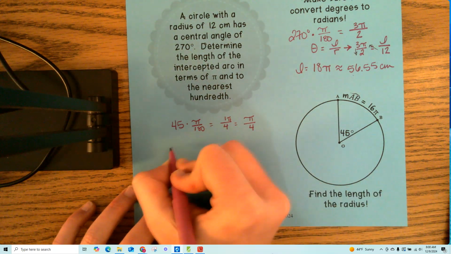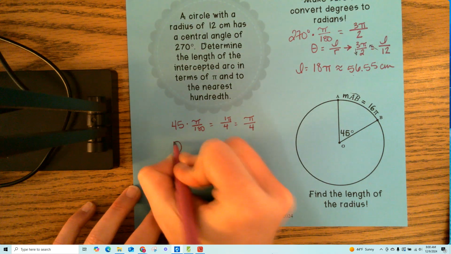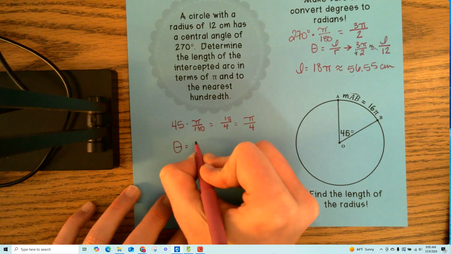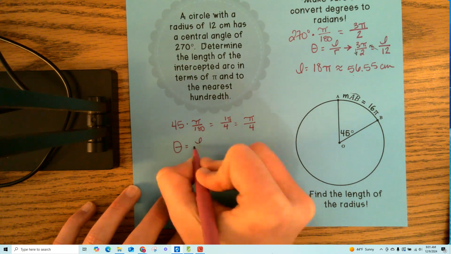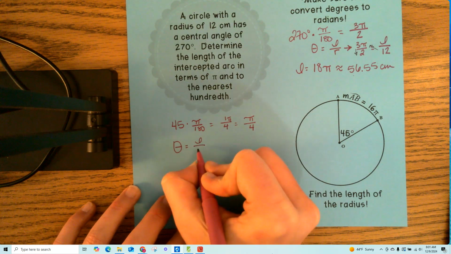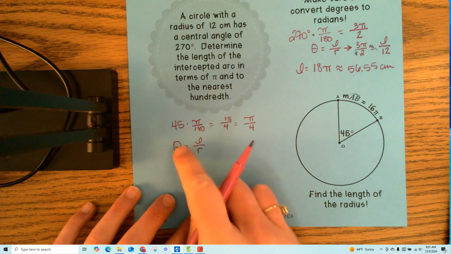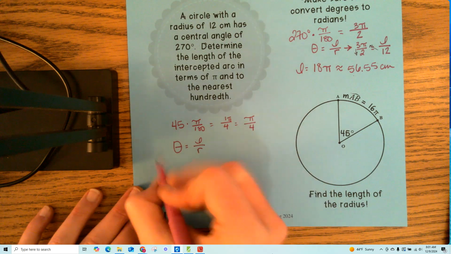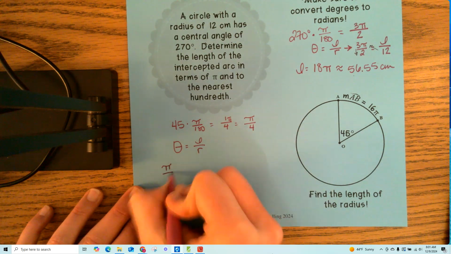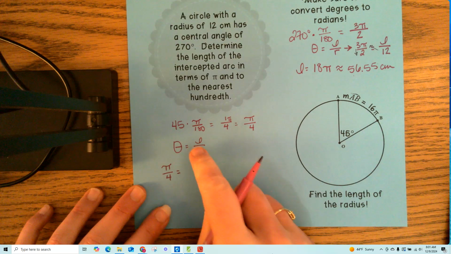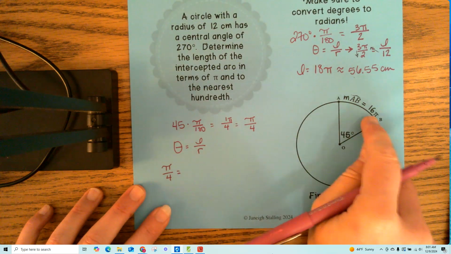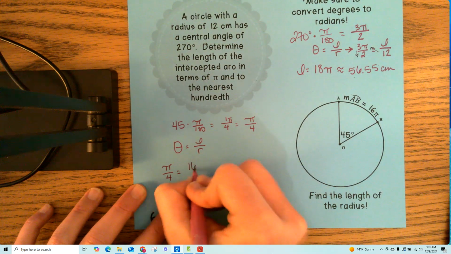All right, so the central angle equals length over radius. We know the central angle is pi over 4. The length of the arc, L, is 16 pi.